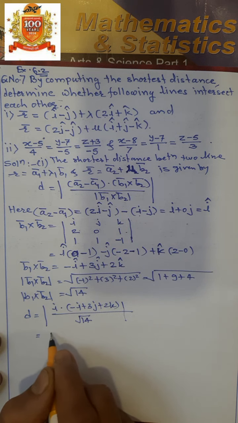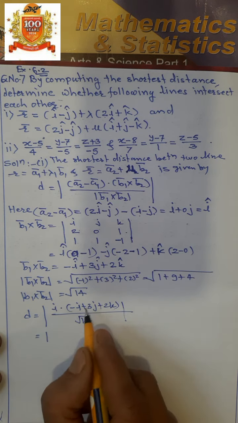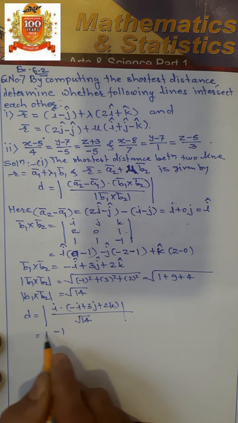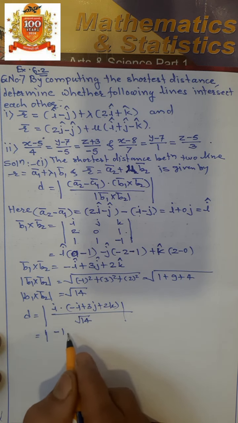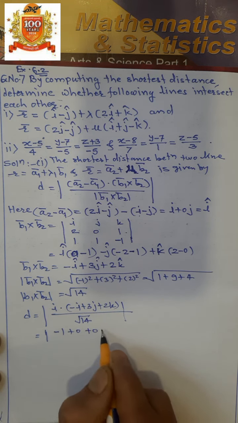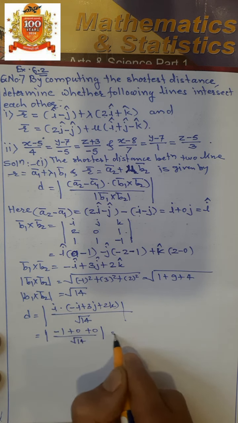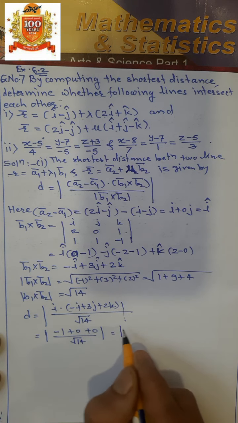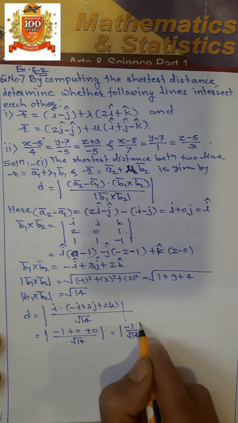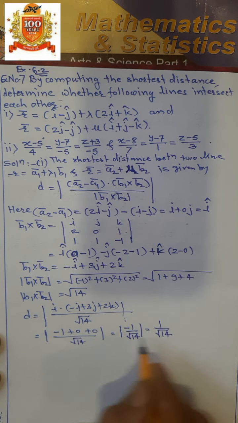Now i dot i means 1, so here you will get minus 1, remaining plus 0, upon root of 14, that is equal to minus 1 upon square root of 14. That is equal to 1 upon square root of 14.